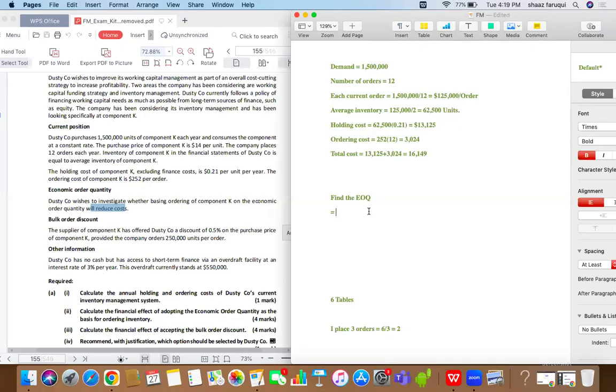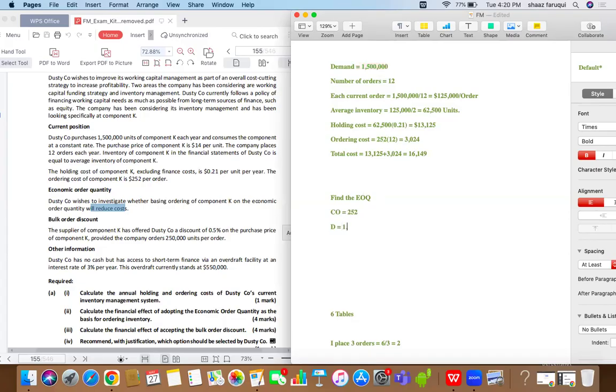So the EOQ is what? Root 2 C_O D by C_H. So you need to know what is C_O. Do I know the C_O? C_O is the ordering cost. Yes, I know it. C_O is 252. D is the annual demand, and I told you what the demand is, 1,500,000.